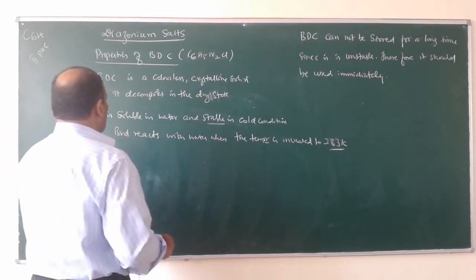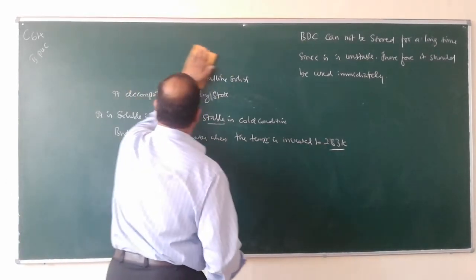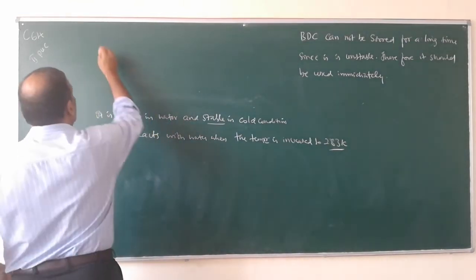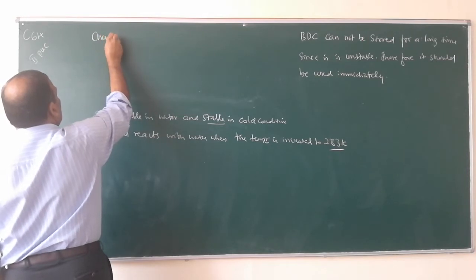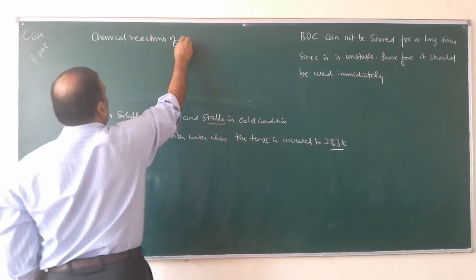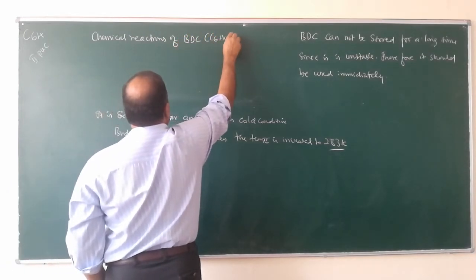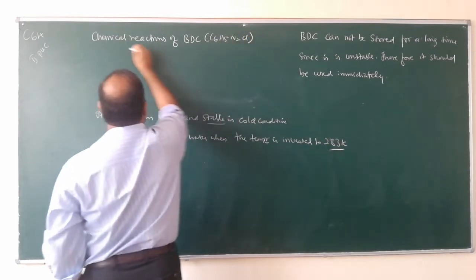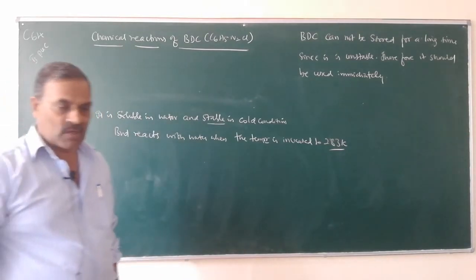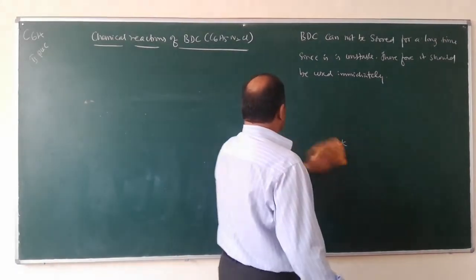Chemical reactions of benzene diazonium chloride, C6H5N2Cl. The chemical reactions of benzene diazonium chloride are classified into two types.